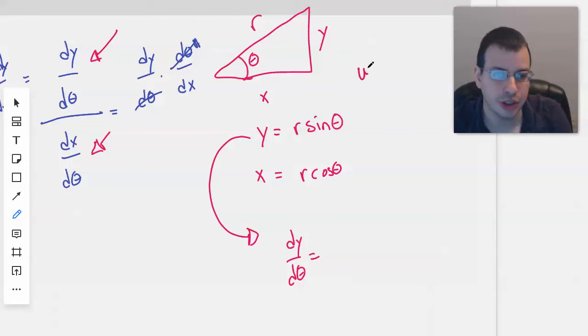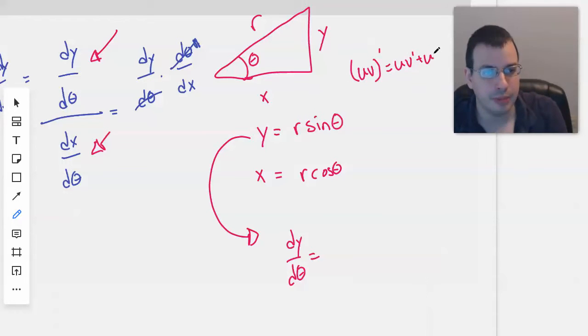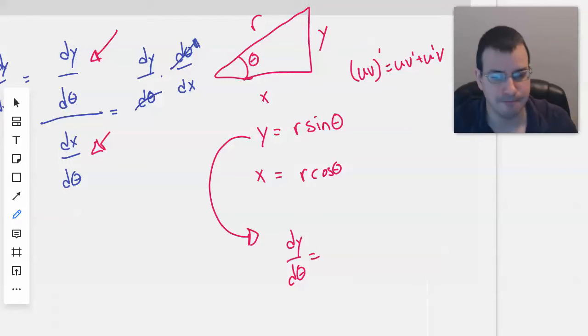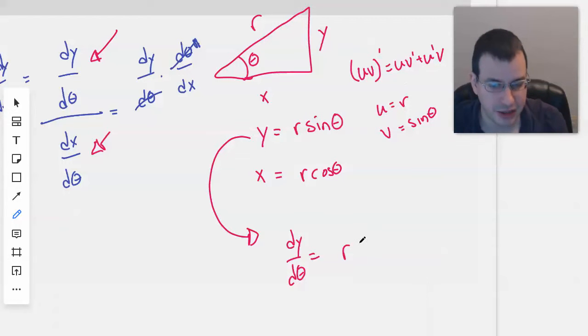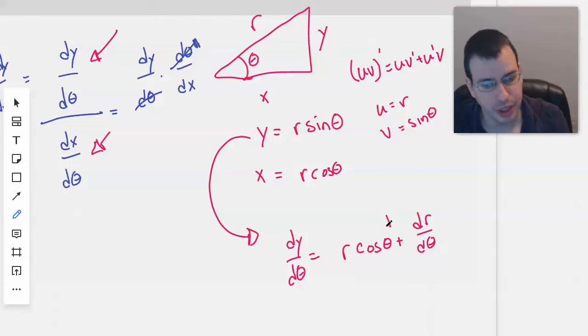The product rule is (uv)' equals uv' plus u'v. So let's say u equals r, v equals sine theta. So for y then, we have r times the derivative of sine theta, which is cosine theta, plus the derivative of r with respect to theta, which would be dr/d theta.